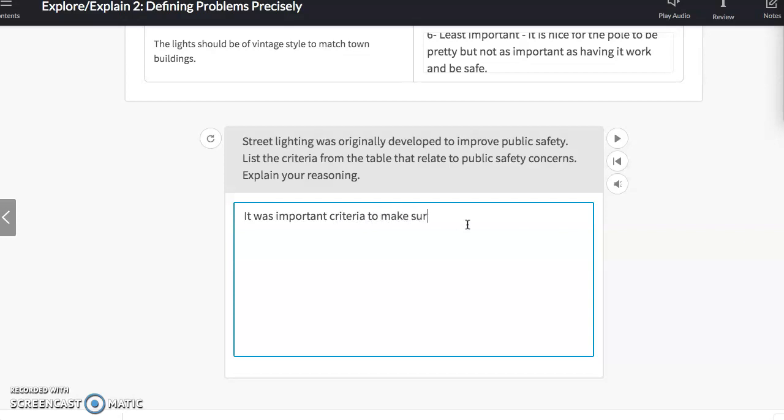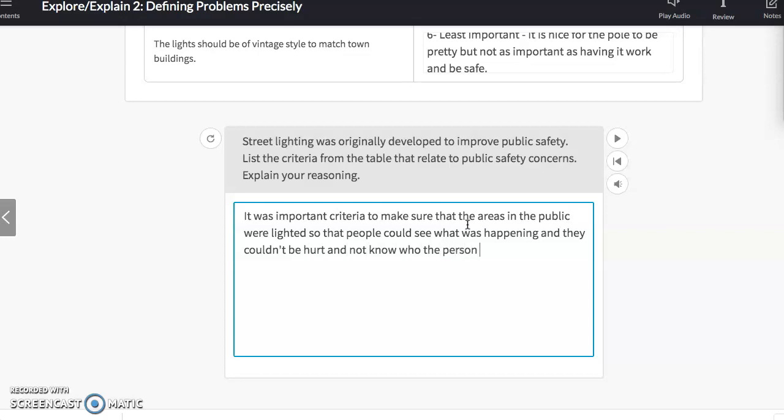to make sure that the areas in the public were lighted so that people could see what was happening and they couldn't be hurt and not know who the person was that did it.